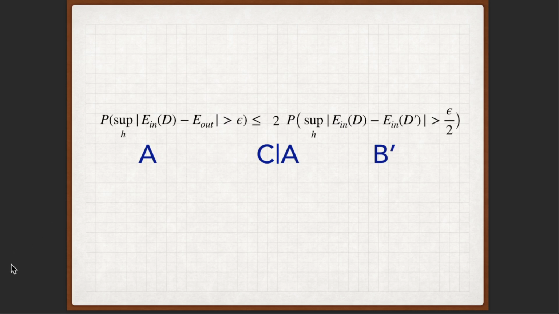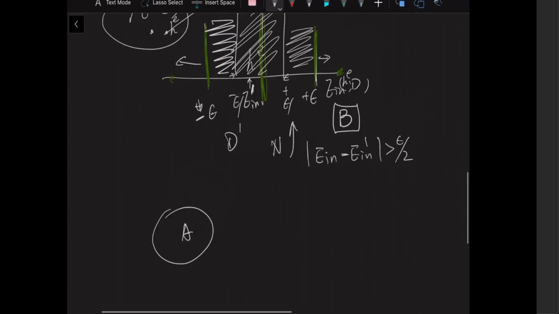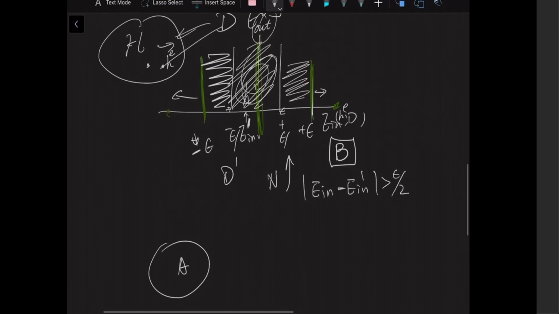So what we have done here is, we have an A, and then we use Hoeffding's inequality this way. I said we can drive that probability to 1, but I'm happy to drive it only to half.